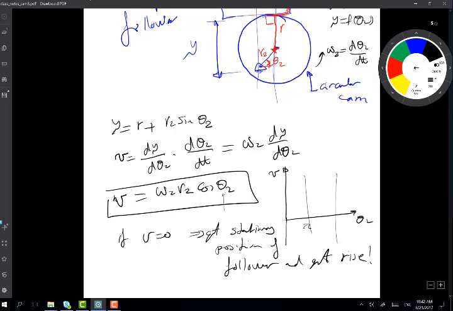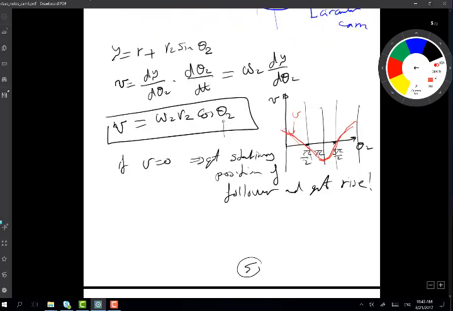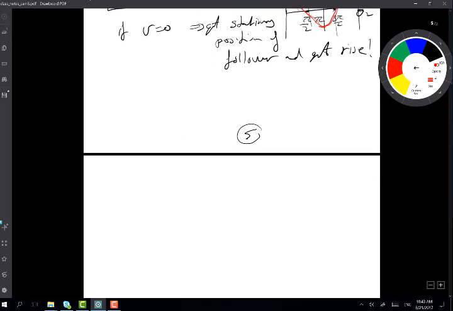If this was pi over 2, and that's pi, and this is 270, 3 pi over 2, where velocity will be equal to 0. So over here you get velocity, and you get something like this normal cosine curve for v. So you can sketch those if you like.